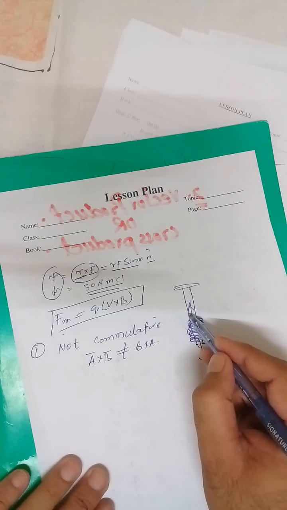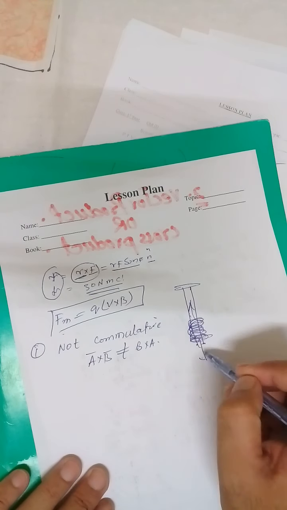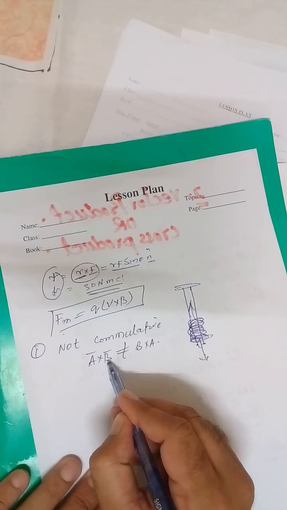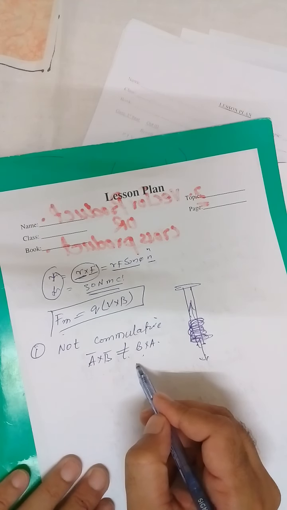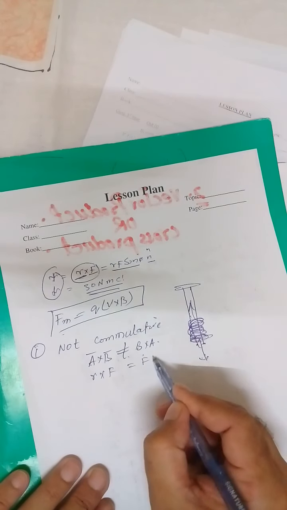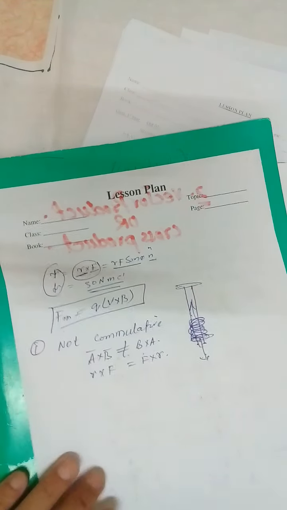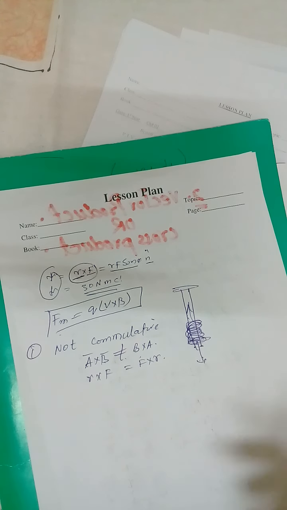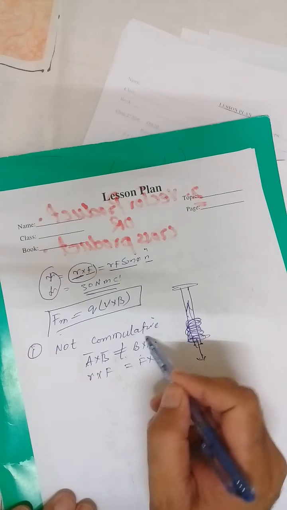So there is a huge difference, up and down. Therefore A cross B is not equal to B cross A, that is, r cross F is not equal to F cross r. Clockwise torque is negative and anti-clockwise torque is positive. Why are we saying this? Because of this non-commutative property.